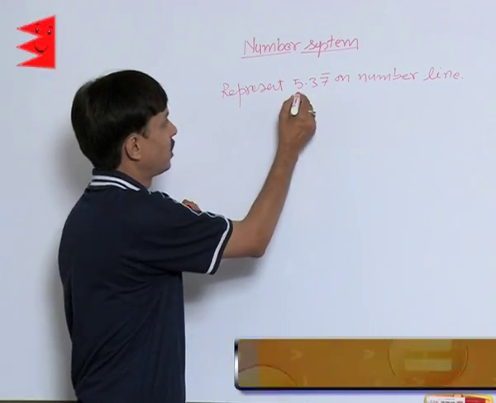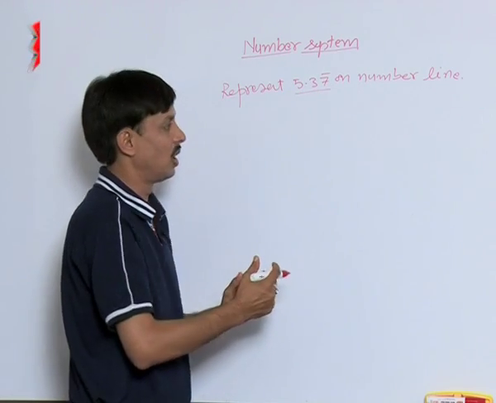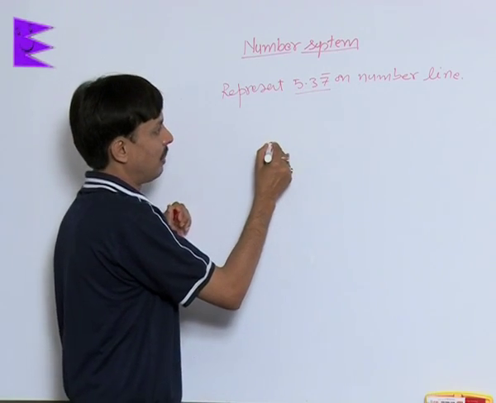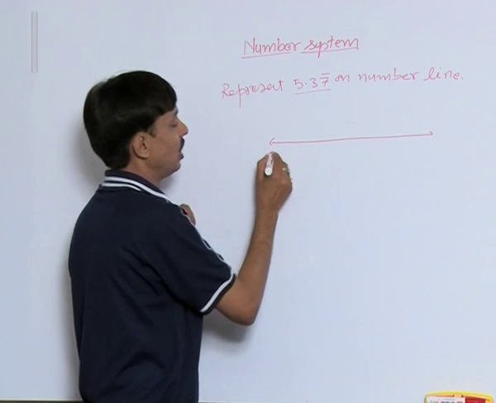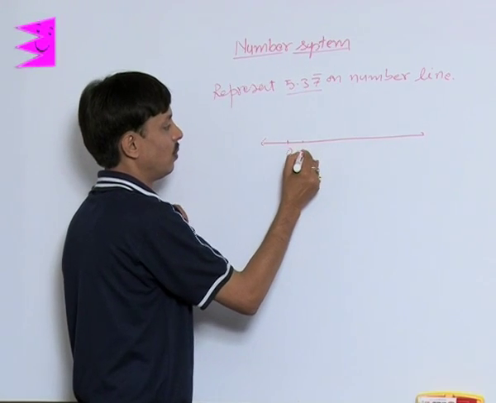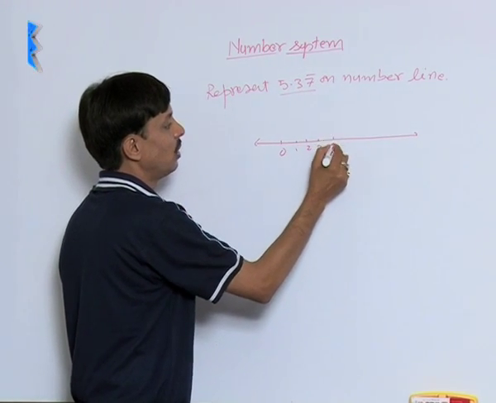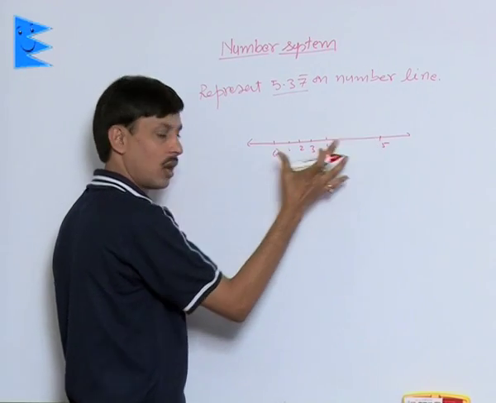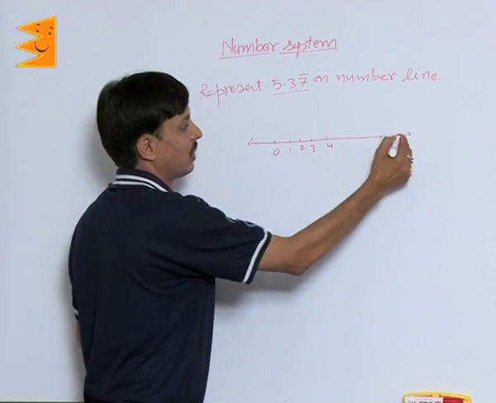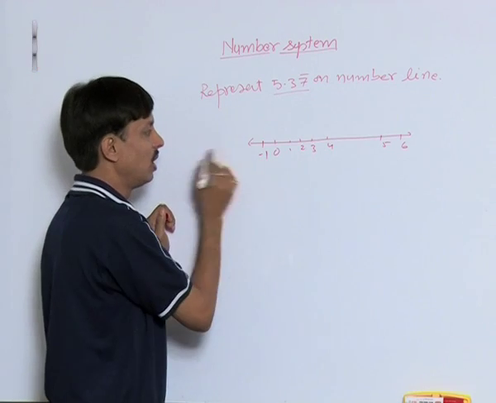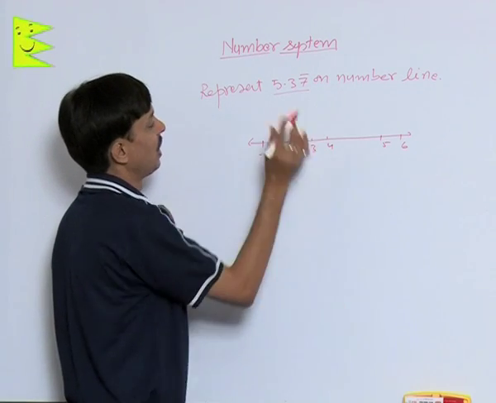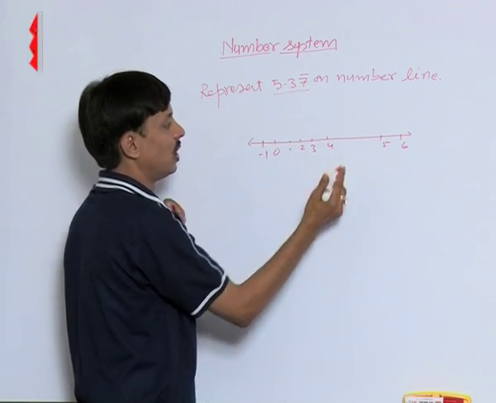Suppose I am taking it like this. This is 0, 1, 2, 3, 4, and I am taking this longer because I need to represent, and this is 6 and minus 1, left side minus 2, etc. First I need to take 5.3.